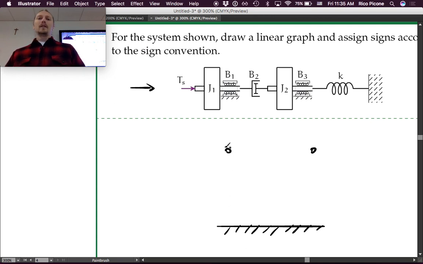They always do because we have to reference ground for the dynamics to work out. So we don't have to dash, but we can dash the moment of inertia.